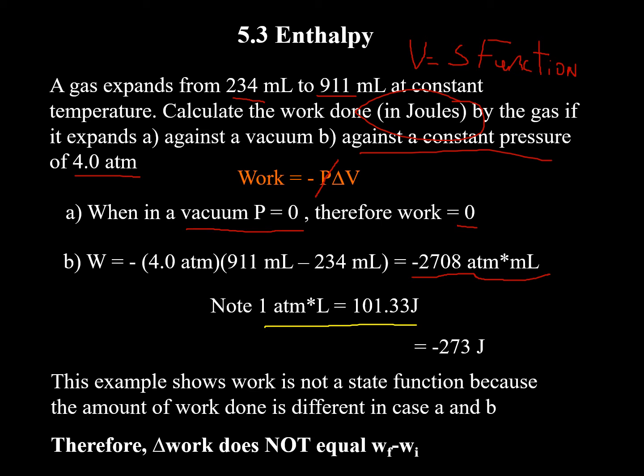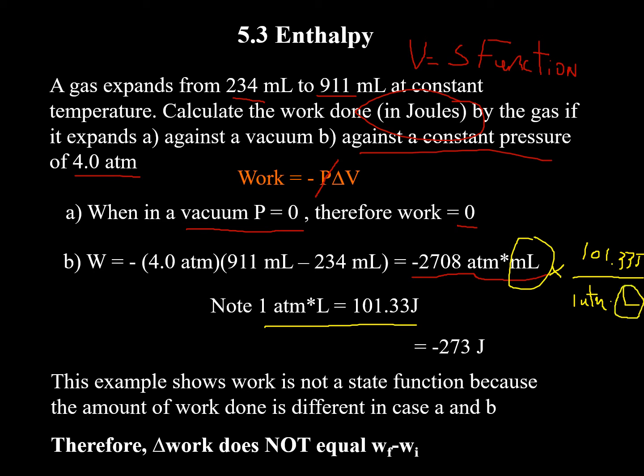So in this case, we would have to multiply by 101.33 joules on top. In the denominator, we would have 1 atm per liter. And if you notice, the liters will not cancel out.